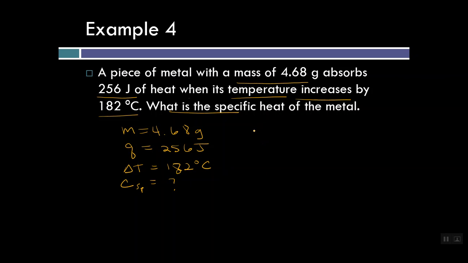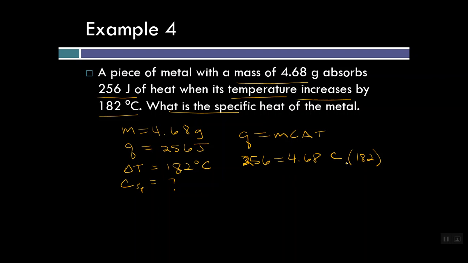So let me just write down my equation. Heat equals m c delta T. Substitute in. We'll make that 256 equals 4.68 times C, I don't know, times the change in temperature, which is 182.